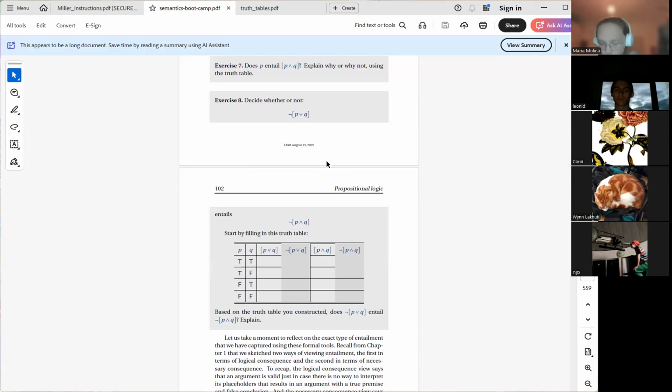Okay? So if P or Q is true, negation of P or Q is false. Everyone sees that? Are we good here?